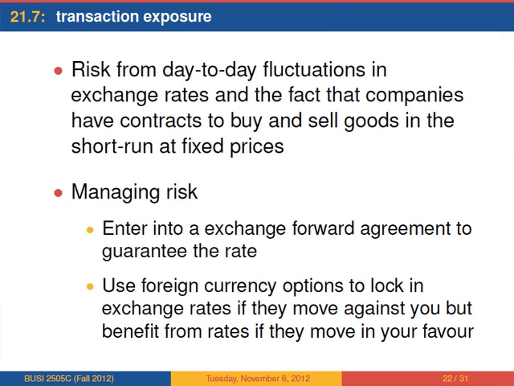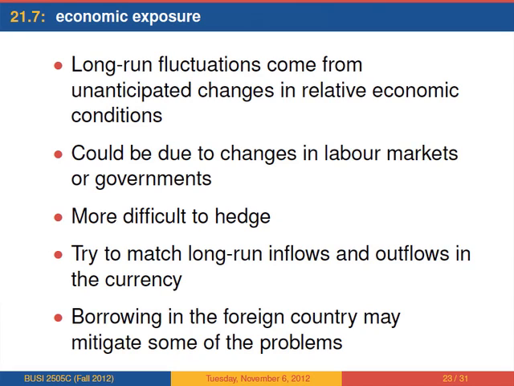But at least you lock it in. It's not that I expect to be making $1 million this year, and the exchange rate drops by like 20%, and all of a sudden I'm bringing home $800,000 instead of $1 million, and I don't have enough money to pay my costs at home anymore. So that's how you manage risk between currencies, by using these forward contracts.